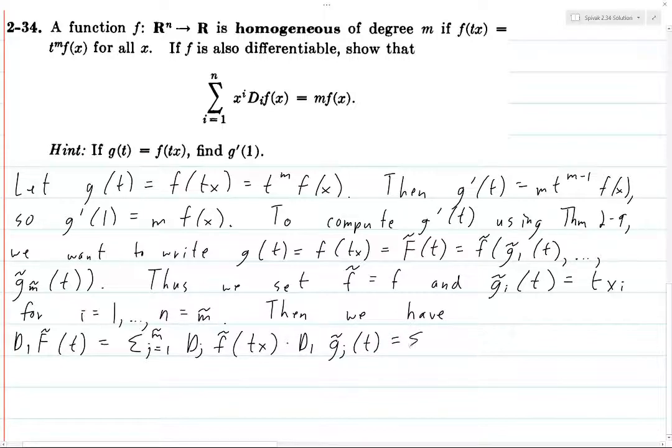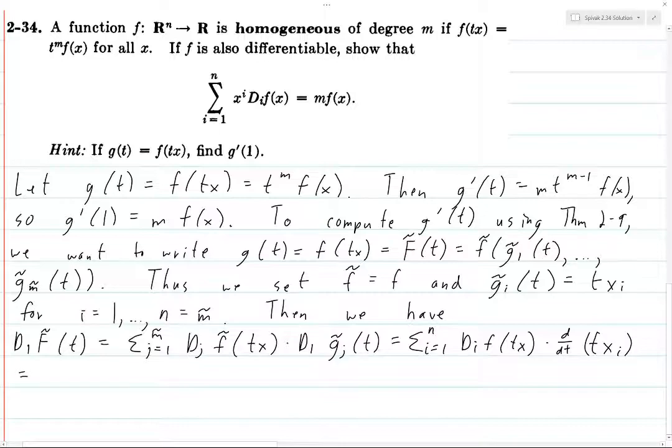rewriting these. So instead of j, we're going to use i so that it matches with what we have in the problem statement. And m tilde is n. And then f is the same as f tilde, so we just have di f of tx times d1 gj g tilde j of t, this is going to be the derivative with respect to t of t times xi.